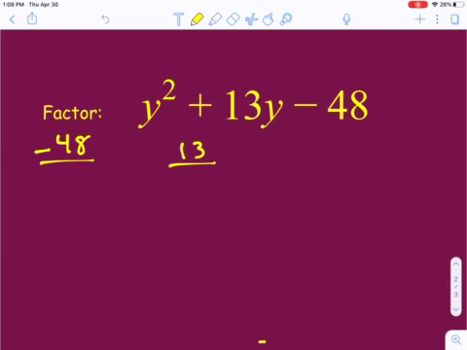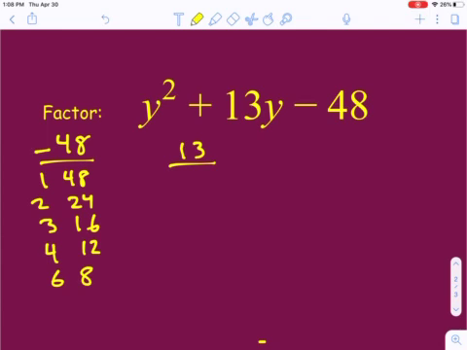Let's just do the factors of 48. So we got 1 and 48, 2 and 24, 3 and 16, 4 and 12, 5 doesn't work, 6 and 8, and then it's 8 and 6, and then it reverses. So these are all the factors of 48.